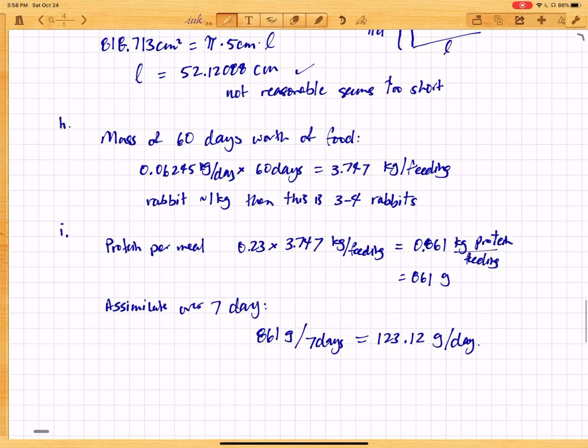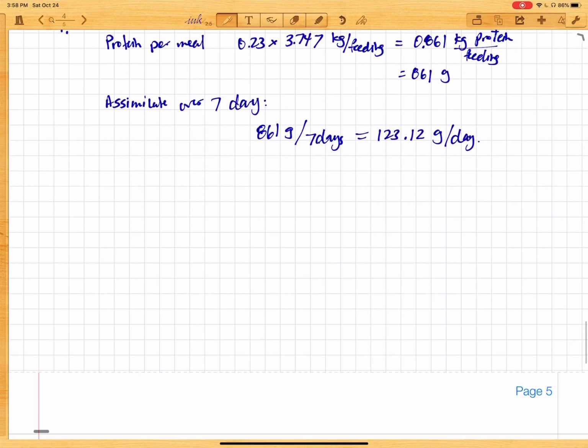Okay, so again, we just convert to moles. That's 123.12 grams per day divided by 135 grams per mole, the molecular weight, and that's going to give us 0.912 moles per day.